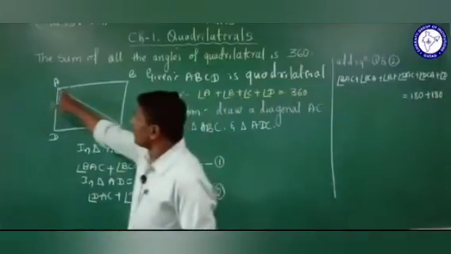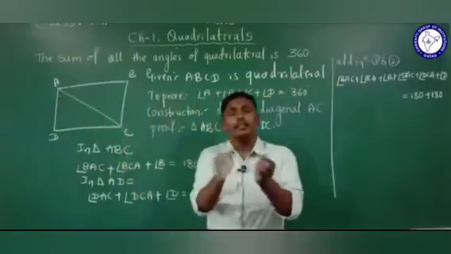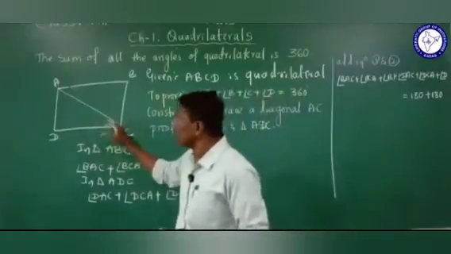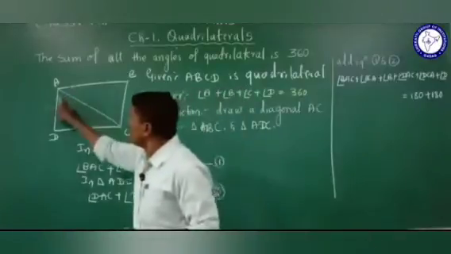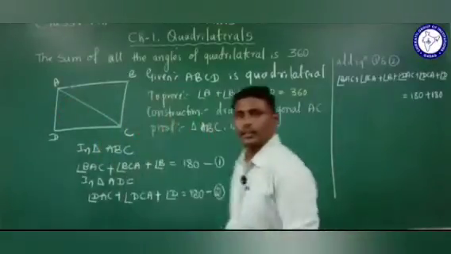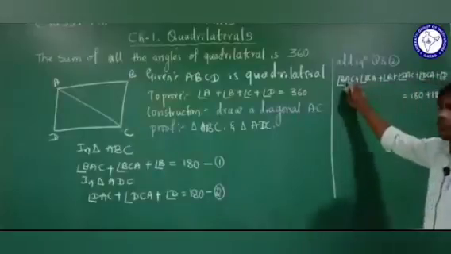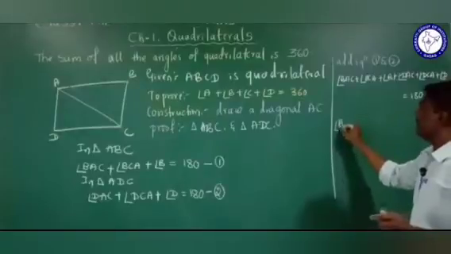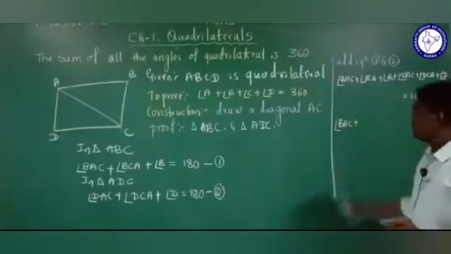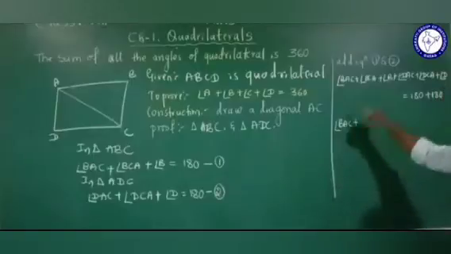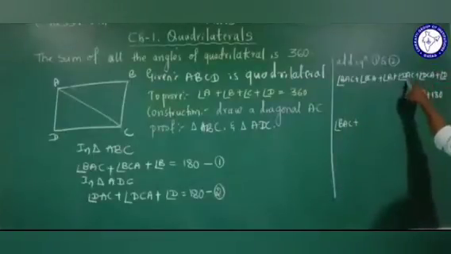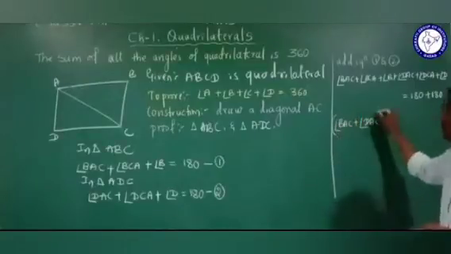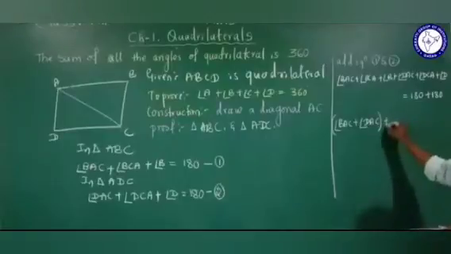Here observe the diagram. Angle A and angle C are divided into two parts. We need to add these two individual angles to get one complete angle, right? So again we can write the given statement by rearranging. For example, angle BAC, just observe the vertex A, it is there in one more angle. Where is that? Angle DAC. Make it one separate group.